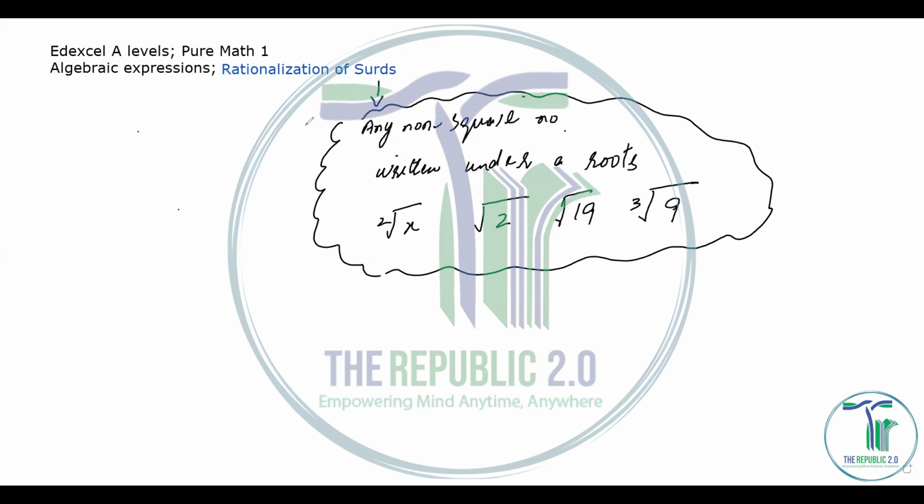Now, what do we mean by rationalization? Whenever we come across an expression in which there is a square root or a cube root in the denominator, you need to get rid of it. For instance, if you have 2 upon root of 3, you need to get rid of that root of 3.